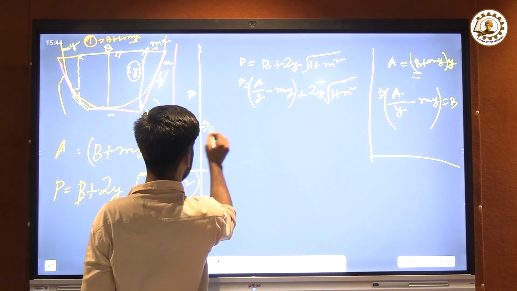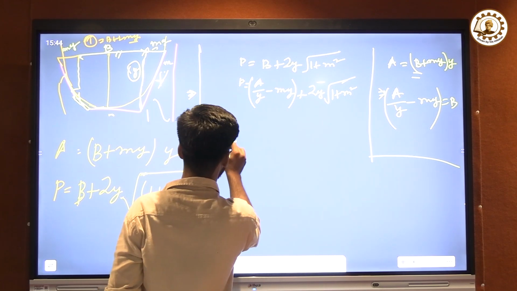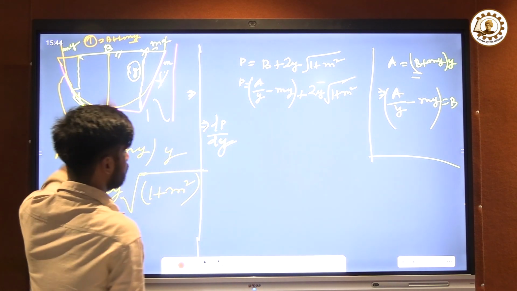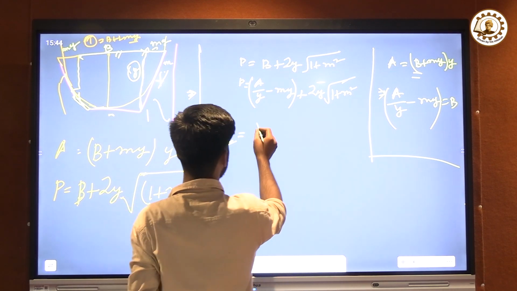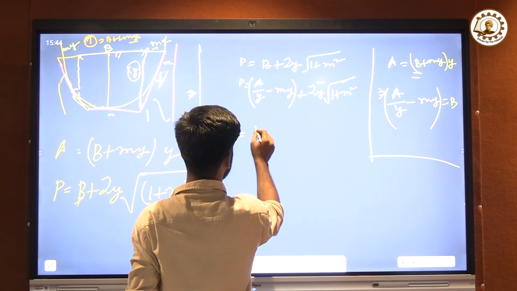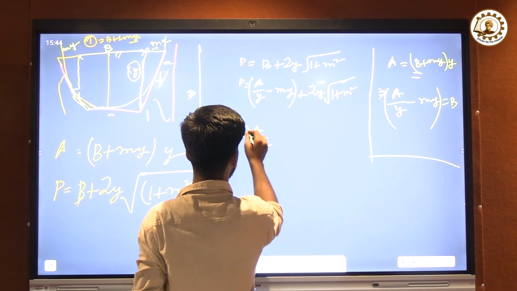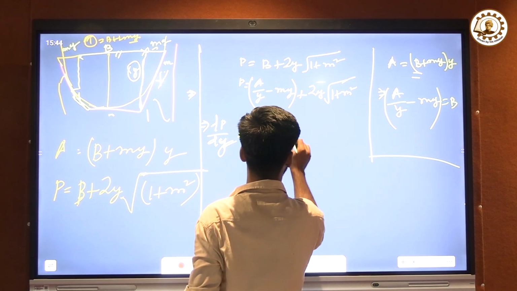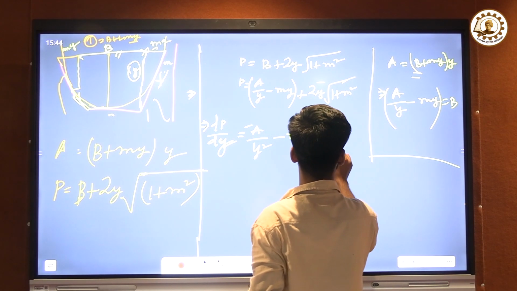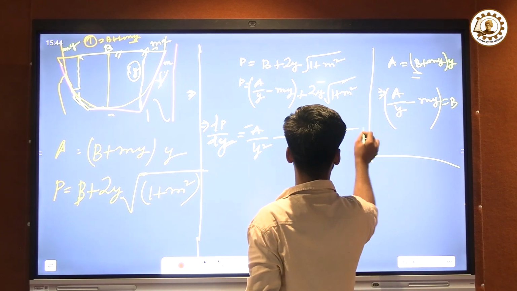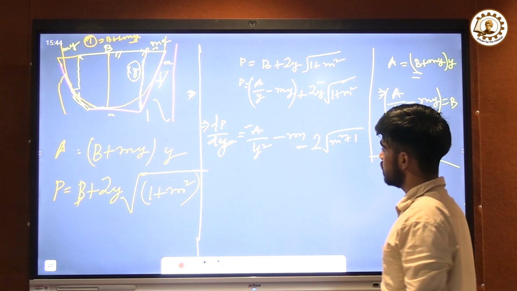Now the dP by dy, if we do that, then what do we get? Minus A by y square minus m plus 2 root over 1 plus m square, that is all we get.